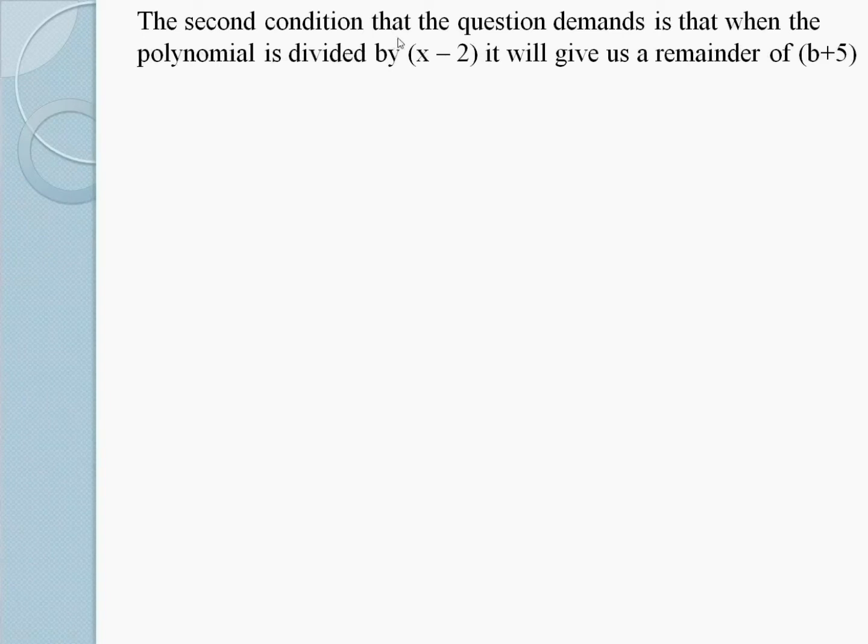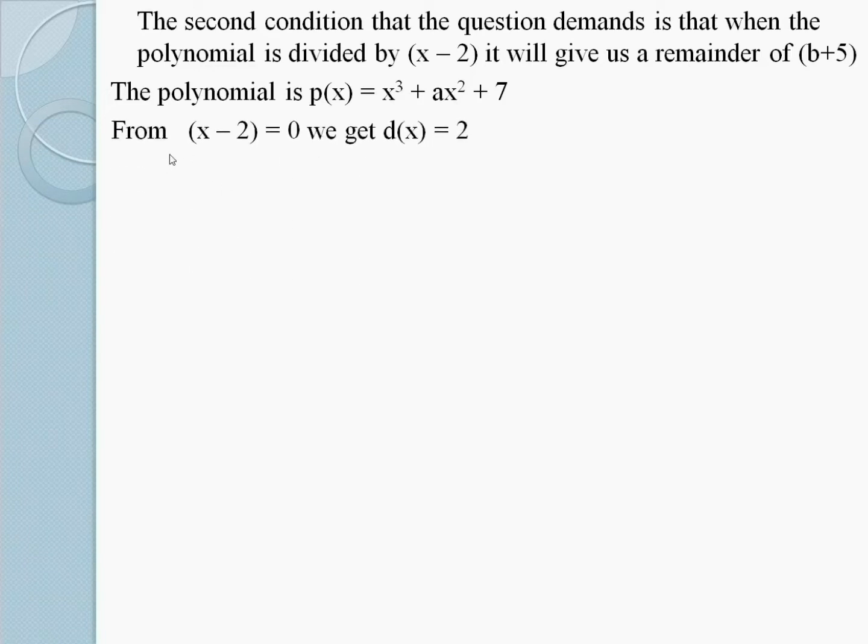The second condition that the question demands is that when the polynomial is divided by x minus 2, it will give us a remainder of b plus 5. The polynomial is p of x, x cube plus ax square plus 7. From x minus 2 equal to 0, we get x equal 2. Replacing, p of 2 equal 2 raised to power cube plus a into 2 raised to power square plus 7.